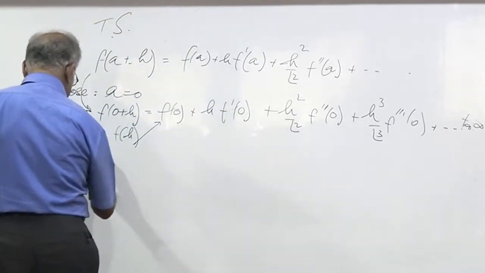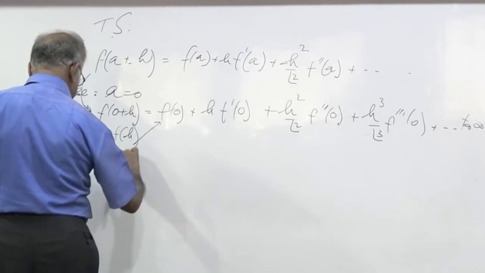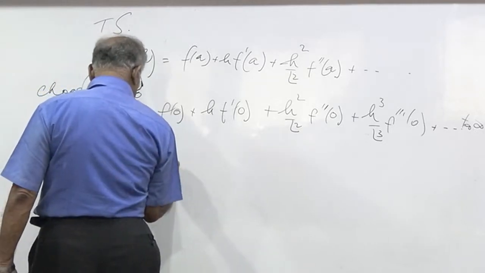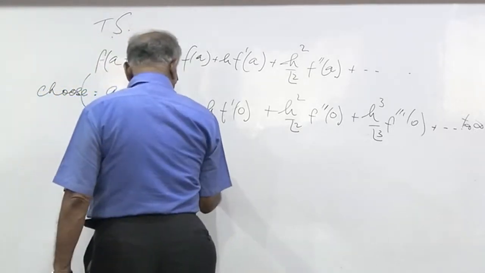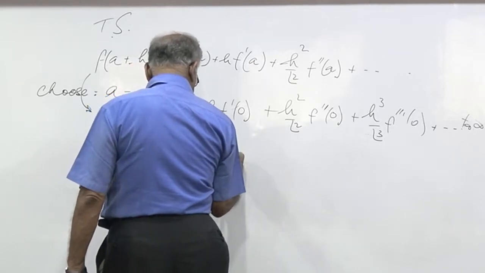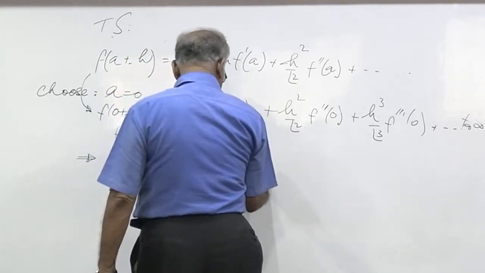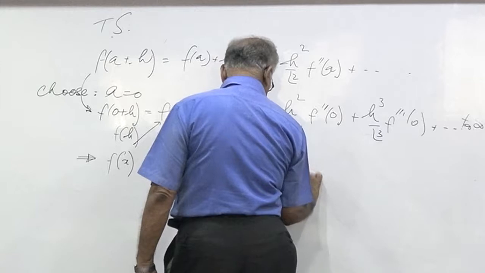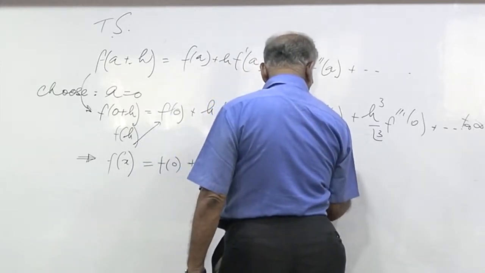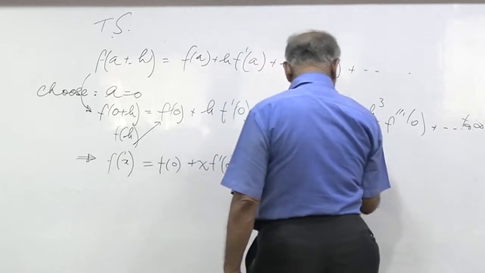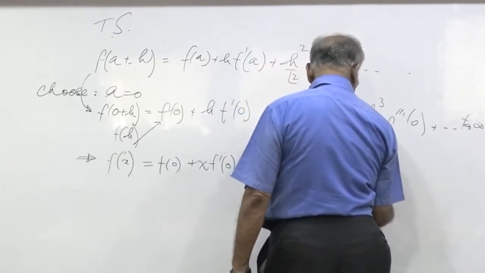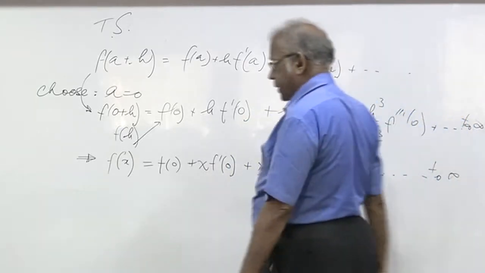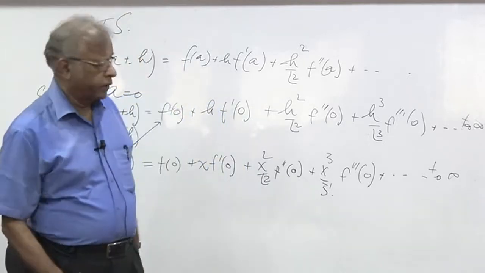So this implies f(x) is equal to f naught plus x f dash naught plus x square by factorial 2 f double dash naught plus x cubed by factorial 3 f triple dash evaluated at origin, and so on to infinity. Ad infinitum, we say, ad infinitum.